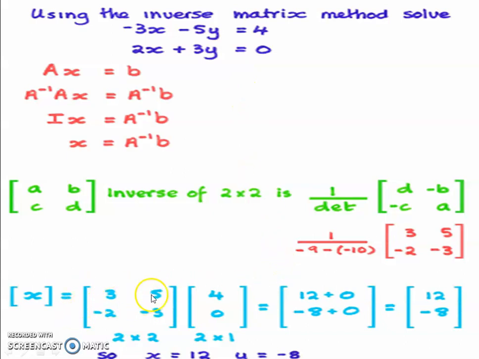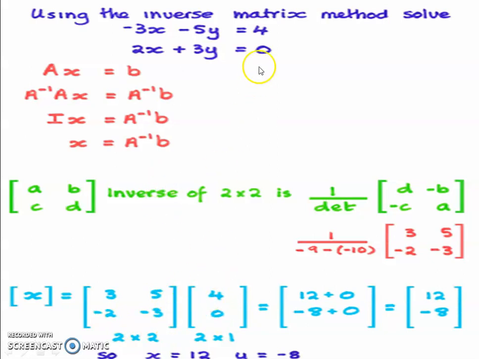Now x is equal to obviously A inverse into B. Where for A inverse, here minus 9 plus 10, it is 1. So it is plus 1, so that's why 1 is the determinant. So this adjoint remains the same because 1 into anything remains the same. 3, minus 5, minus 2, 3 is our adjoint, that is A inverse.